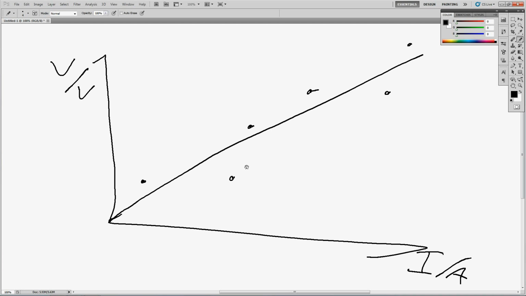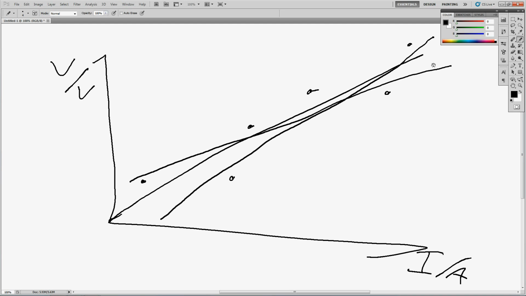And so what we also do is we plot lines of worst fit. And so we say, well, yeah, this is what we think is the best fit, but we could also do a line like that, and that roughly fits the data. And we could also do a line like that, and that roughly fits the data, and we can see that these have got different values.